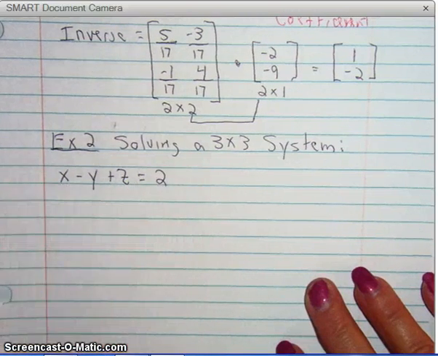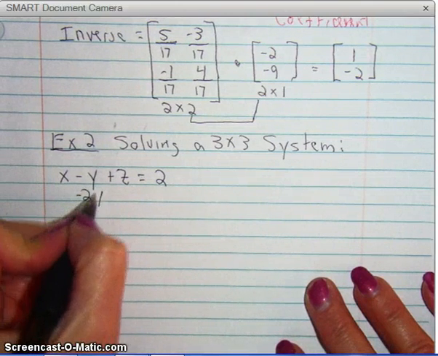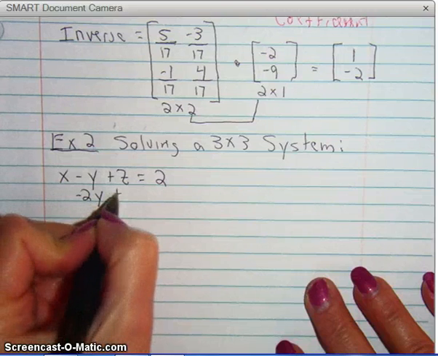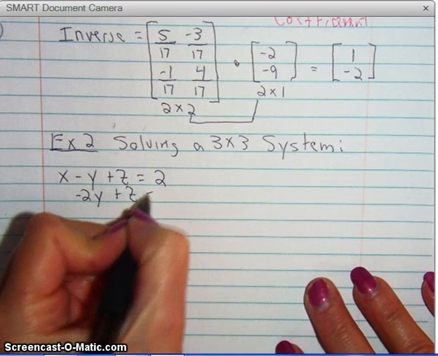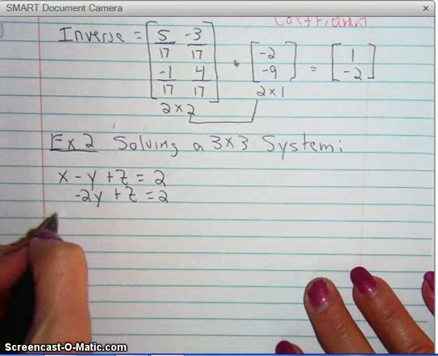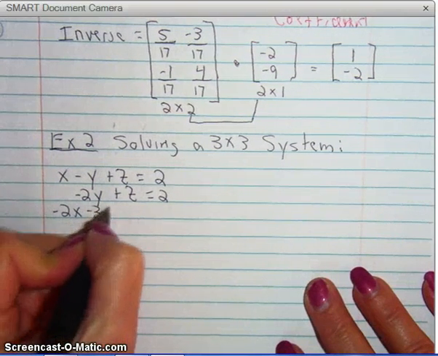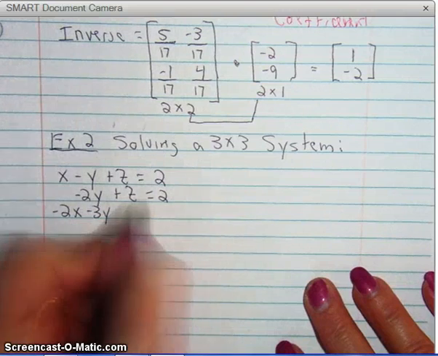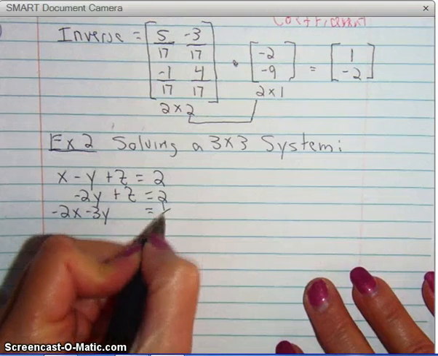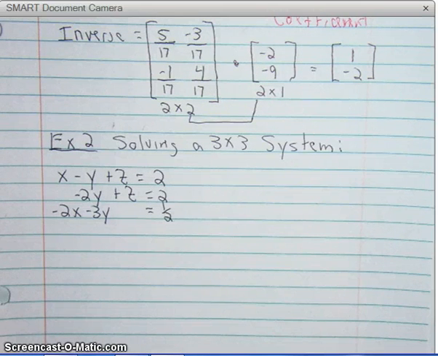This is going to be so darn easy, you're going to be amazed. Second equation is negative 2y plus z equals 2. Third equation is negative 2x minus 3y equals a half. Okay. Anybody remember doing these in Algebra 2?